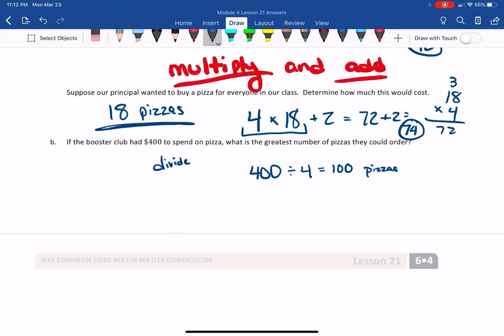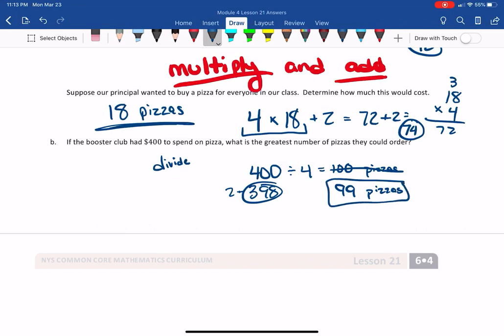But you can't forget about the delivery charge, because it's 100 pizzas. But if I subtract $2 from it, I have $398. So now I don't have enough for 100 pizzas. But I do have enough for 99 pizzas.